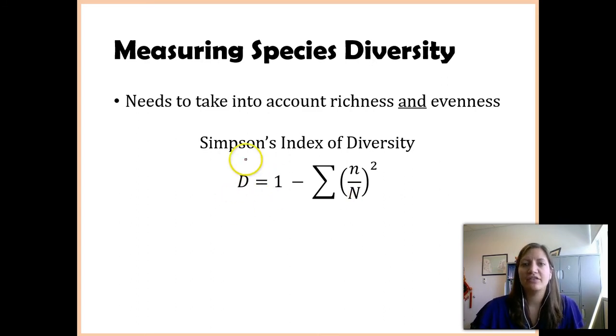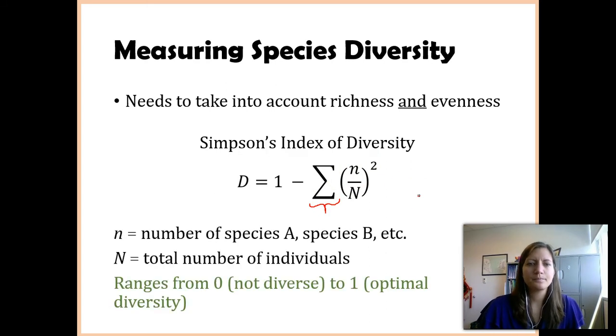So D, which is the index of diversity, equals 1 minus, this is called sigma. Sigma means the sum, and I'll show you how this works in a little bit. The sum of little n over big N squared. So what are these numbers? Little n is the number of each species you have.